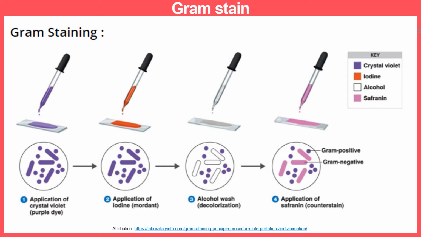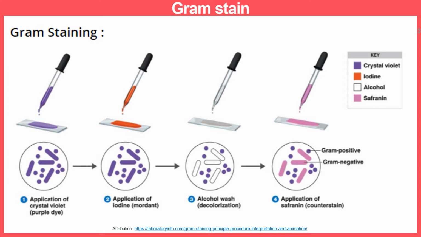One way of being able to classify bacteria is according to their cell wall. So we have these gram-positive purple stained bacteria, and they have this thick peptidoglycan cell wall, and we have these gram-negatively stained bacteria which have this pink colour, and they have only a very thin layer of this peptidoglycan.